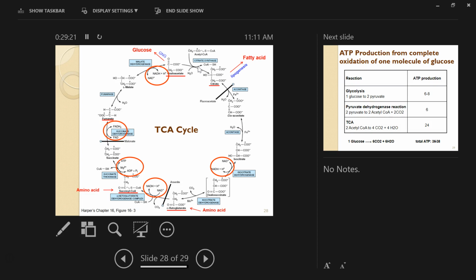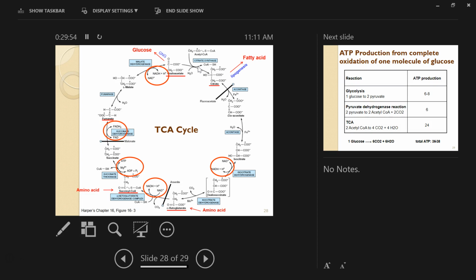Part of the TCA cycle is also part of the gluconeogenic pathway, particularly from the amino acids as the precursors. So this kind of information you also need to know.